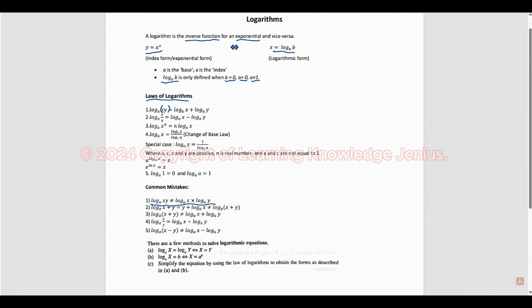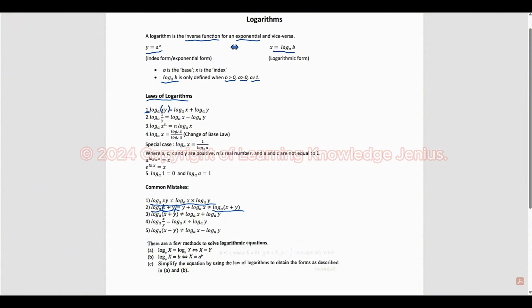Be careful, it is not. Also some students will think that log a (x plus y) is equal to log a x plus y, or maybe they think this one. It's not true. We only have one, which is this thing.